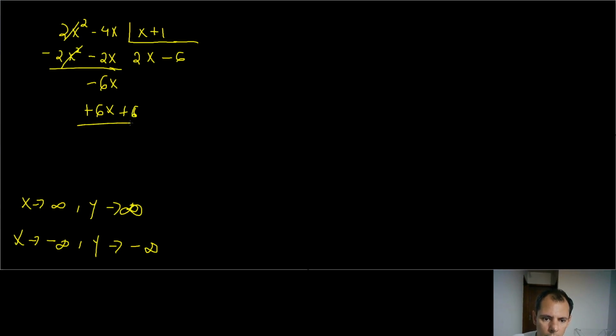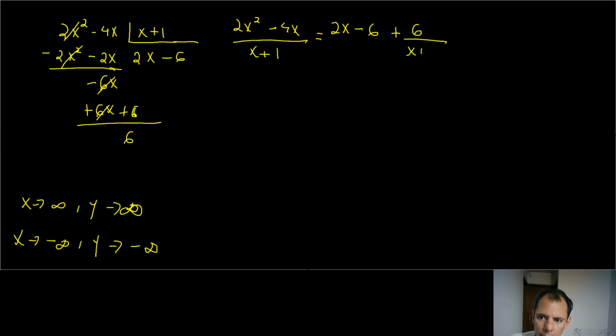So these two cancel out, and you have a 6. Now we go. 2x squared minus 4x divided by x plus 1 equals 2x minus 6, plus 6 divided by x plus 1.